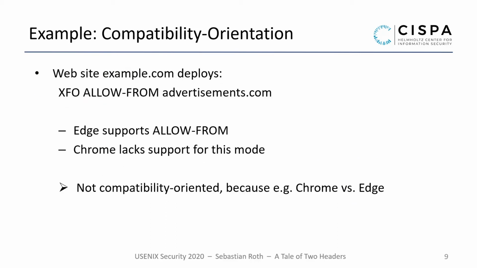If a web application hosted at example.com deploys X-Frame-Options allow-from advertisement.com, the framing policy of example.com is not compatibility oriented, since two modern browsers like Chrome and Edge give different interpretation to the policy. Edge supports the allow-from mode, while Chrome lacks support for it.